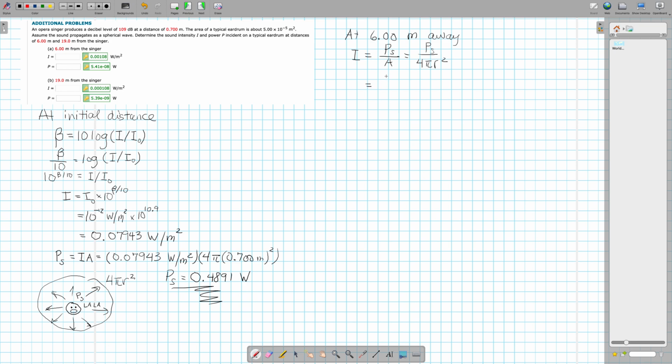So let's calculate what this number is. We've got 0.4891 watts over 4 pi times 6 meters squared.